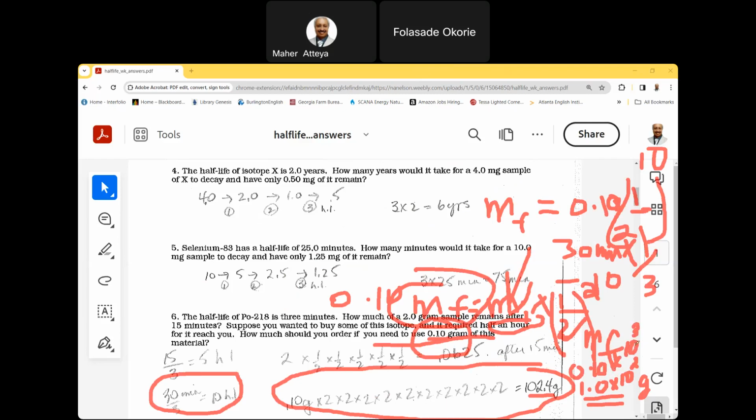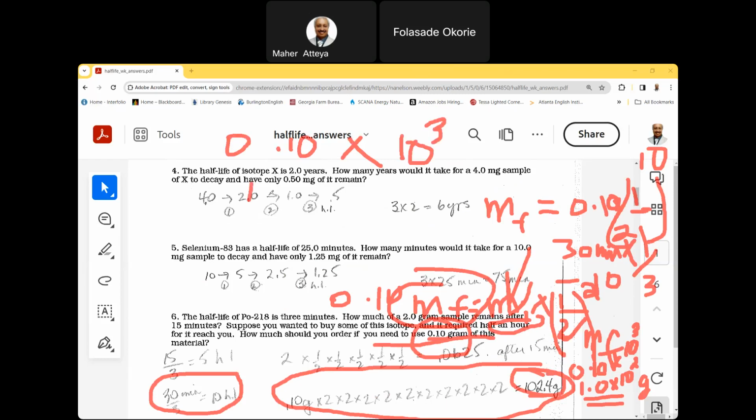What I got here is, if we say 0.1 times half raised to power 10, right? Yeah, I'm listening. If I do 0.1 times 1 times half raised to power 10, that gives me 1 over 1024. But this value here, you can transfer it into 0.10 times 10 to the power 3.